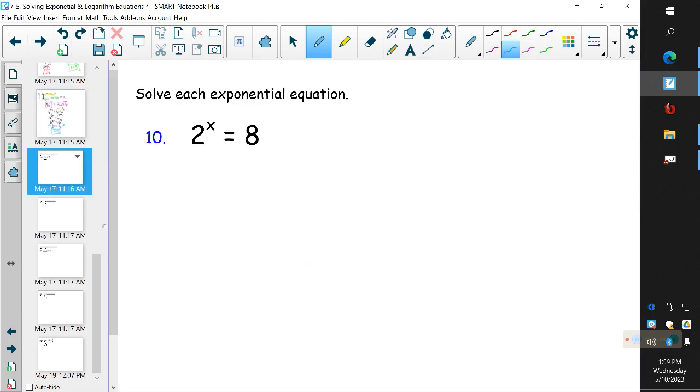Next, number 10. The directions say solve each exponential function. So our goal is to have each of these bases have the same base to a power. So 2 is already in its most simplified form. So that means I'm going to have 2 to the x is equal to 2 cubed. Yes? Cancel those out, so x is equal to 3.